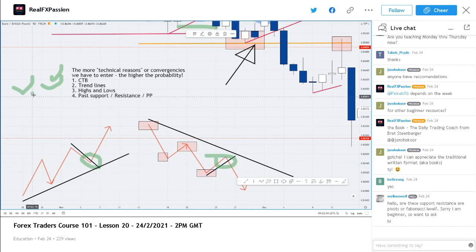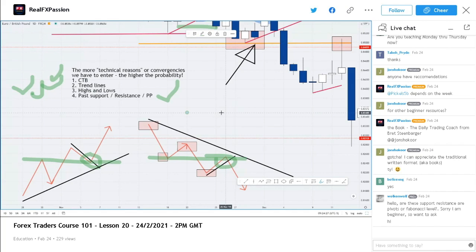So check one more time. And if you want, it's not a rule, but if you want, is the market near past support in an uptrend, or is the market near past resistance in a downtrend? So this would be the last time, and you would say check. And then, and only then, you would enter. Beginner traders, are we clear what we are talking about?